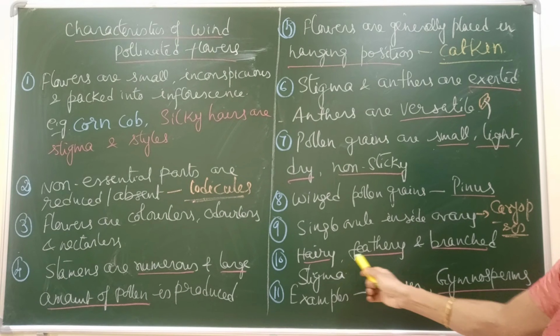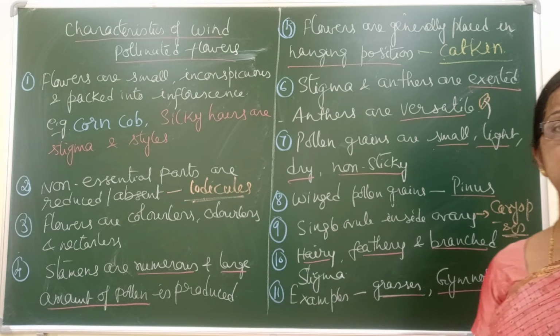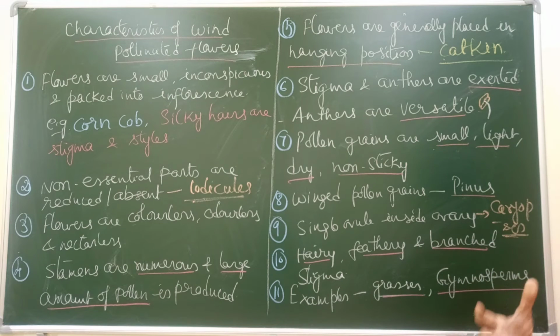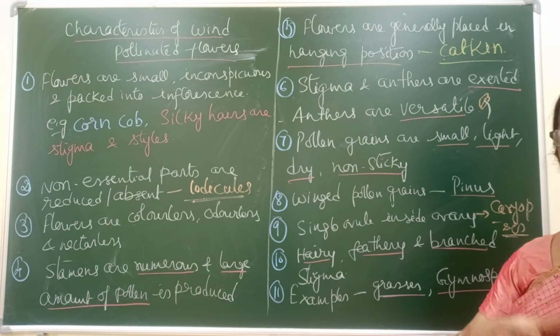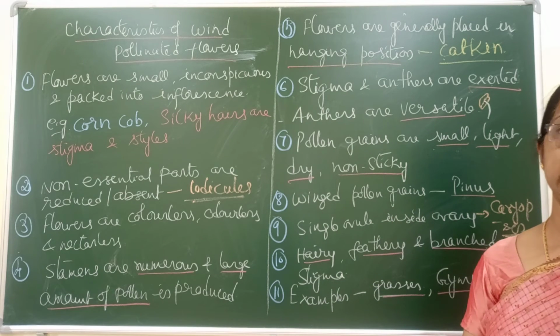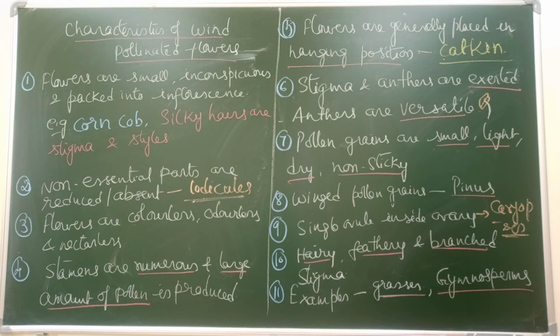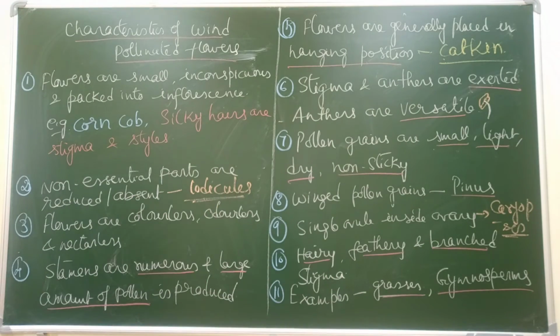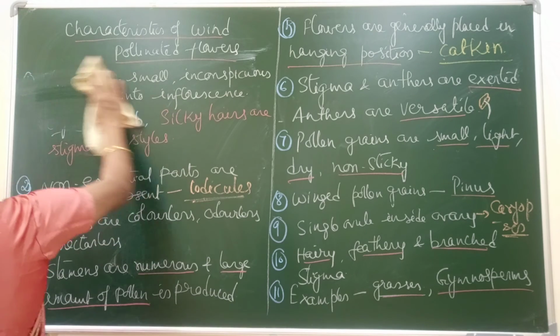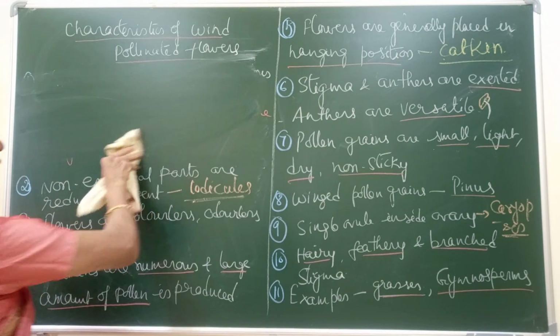Then a hairy, feathery, branched stigma is present. This hairy, feathery and branched stigma can easily collect a large amount of pollen. If we observe this stigma, it shows hairs.